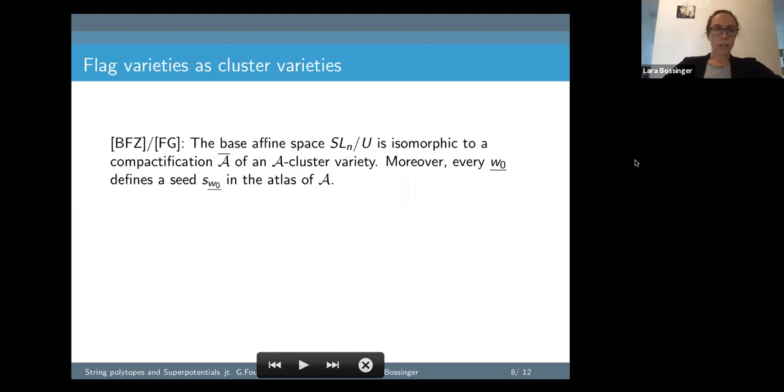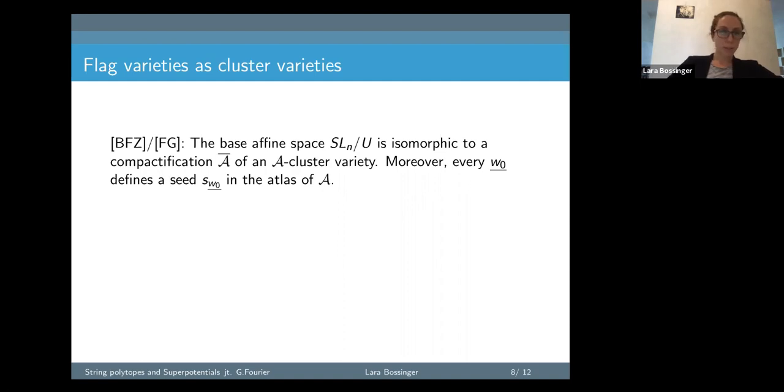That's just a combinatorial procedure that you do to get the information of a seed out of a reduced word. So now we have an overlap in these two constructions. We have one toric degeneration associated to every seed using the Gross-Hacking-Keel-Kontsevich machinery, and we have one toric degeneration associated to every reduced expression, and we have seeds that correspond to reduced expressions.